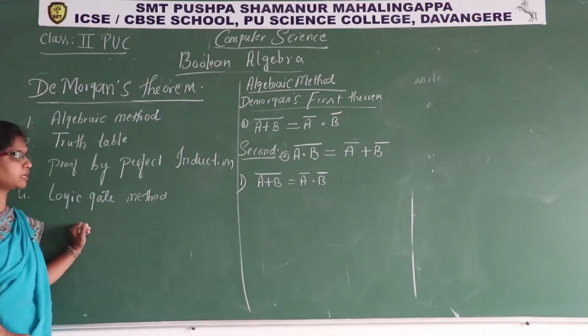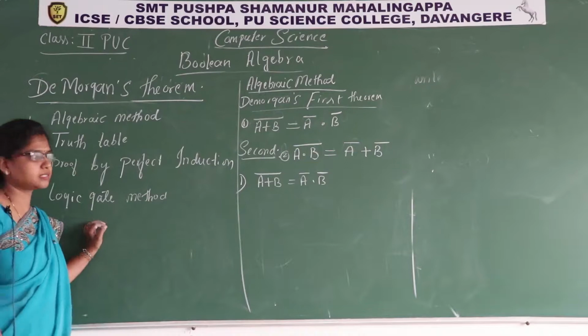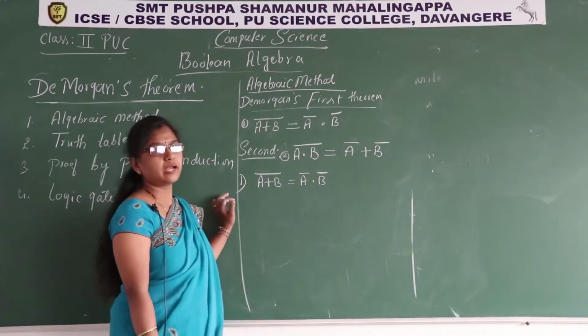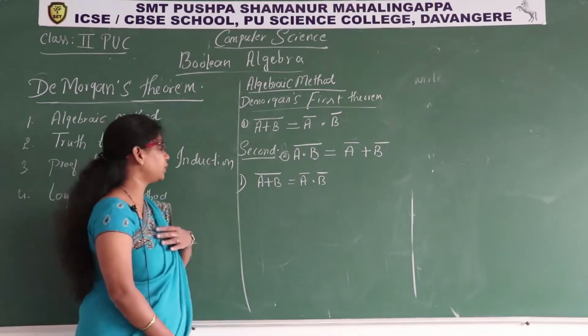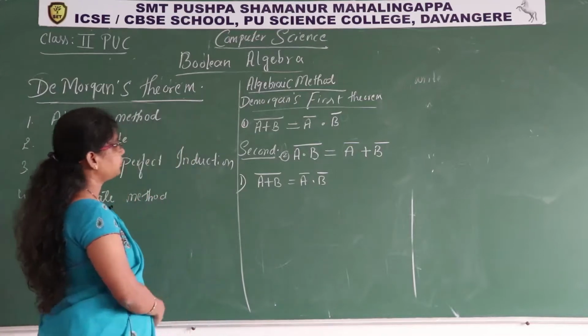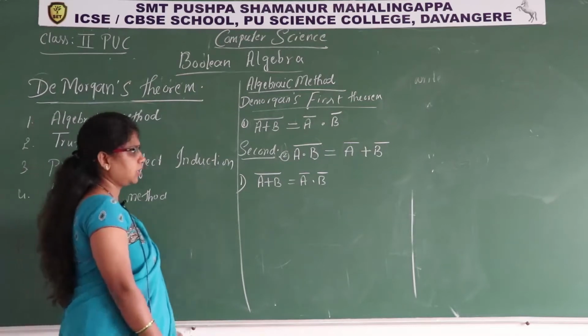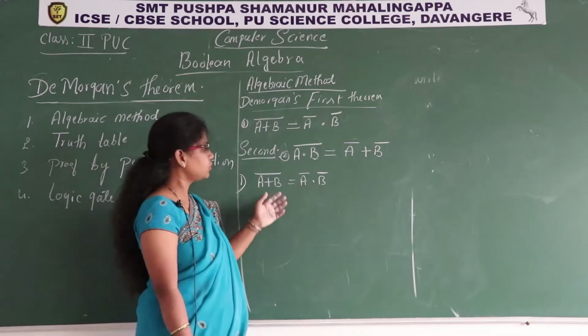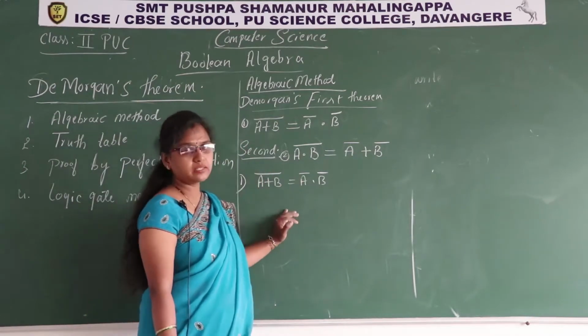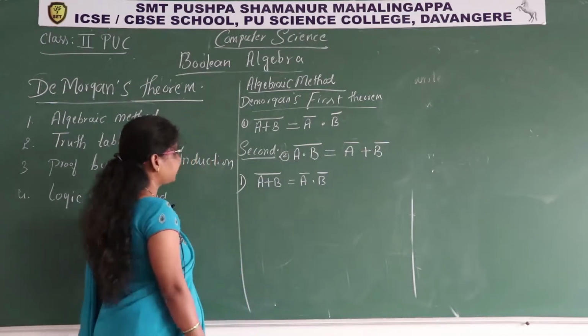Some Boolean theorems are there, no? We discussed them in the last class: OR relation, AND relation, complementary law and involution law, idempotent law, commutative and distributive. Let us apply these laws to prove this theorem.